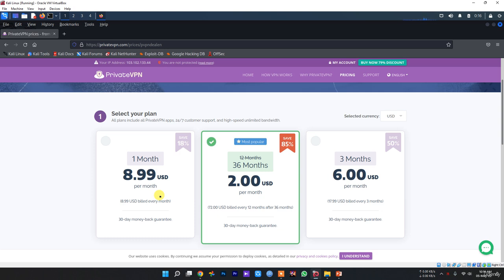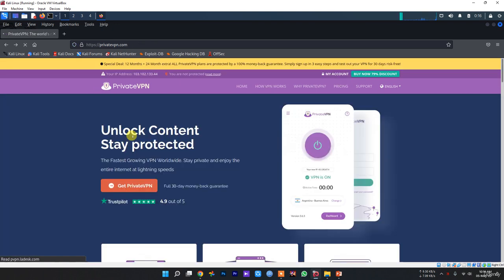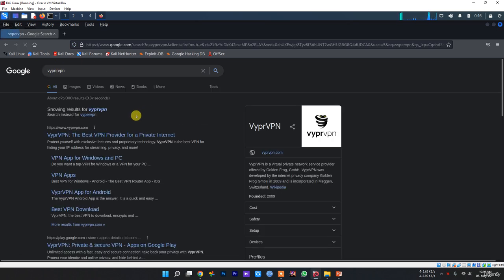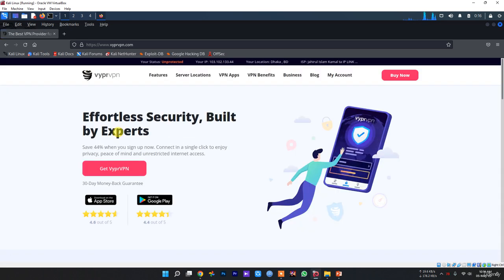And the last one is Viper VPN. Viper VPN is, I would say, the all-rounder anonymous VPN with sleek apps for all platforms and an audited zero-logs policy.